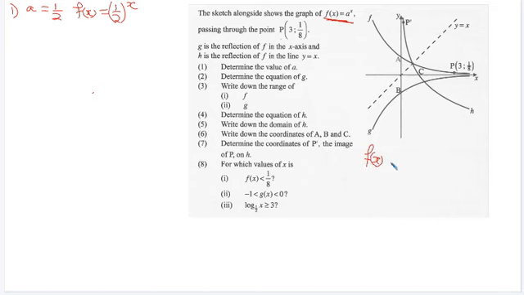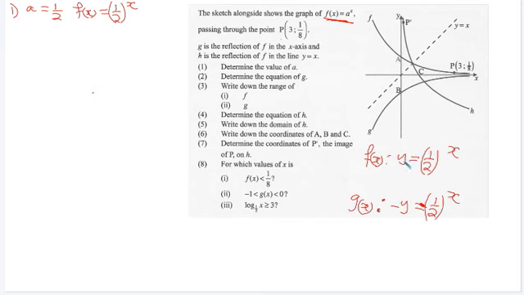My f of x is y is equal to 1 over 2 raised to x. Now, g, then it follows that g should be, it is the sign of y that is changing. So it's negative y is equal to 1 over 2 raised to x.